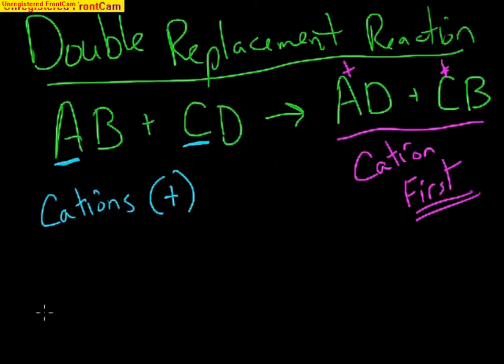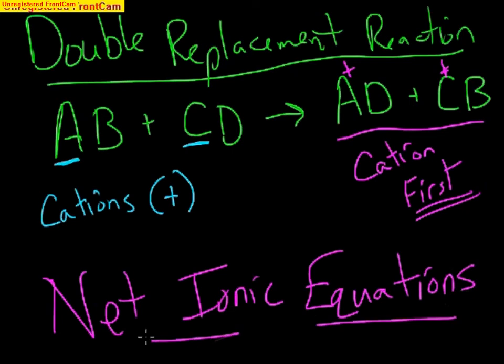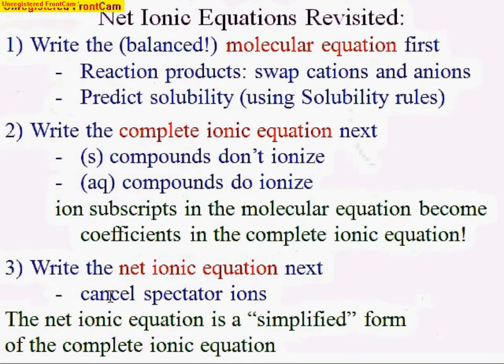Now, with what we said, we're talking about net ionic equations. For net ionic equations, there's a few rules you want to follow. Step 1, you always want to write a balanced molecular equation. Then you go to your solubility rules and you predict, is it going to be aqueous or solid.